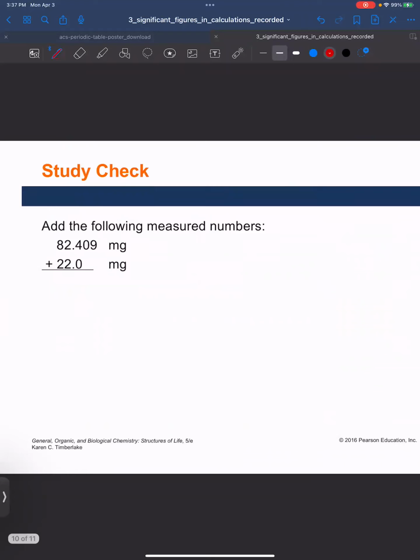Once again, pause the video, try the study check on your own, and then come back and check your work with me. All right, so we're doing addition, which means we need to report the answer to the fewest decimal places. So let's look at that. We can see that this measurement is to the thousandths place.